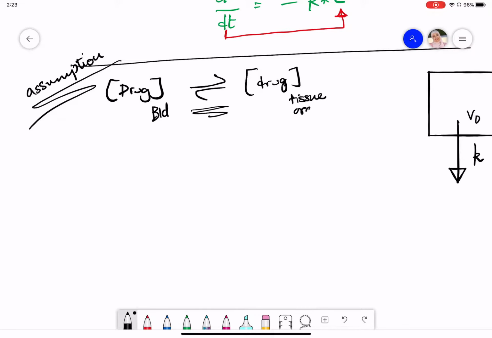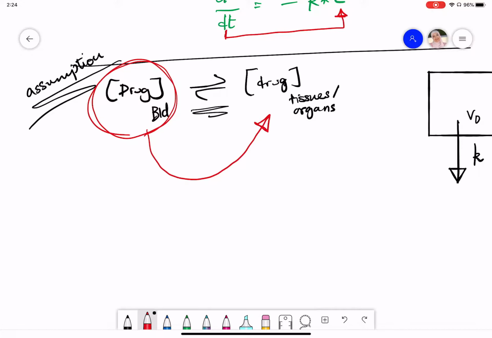Okay, and this is one of the main assumptions that we use to be able to, if we measure the concentration of the drug at the systemic circulation, have some insights into whatever is happening in tissues and organs. That's why we will have measured concentration in the plasma or in the blood, and we will have some information about whatever is happening as amount of the drug in the body.